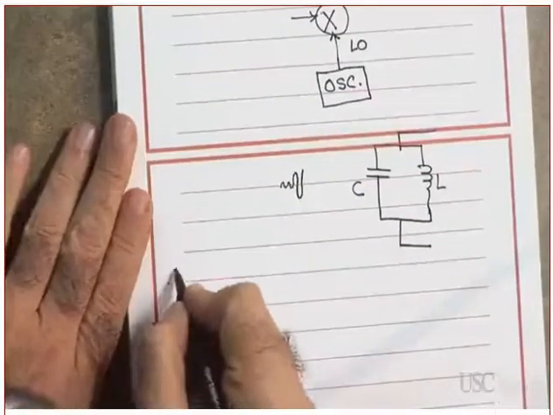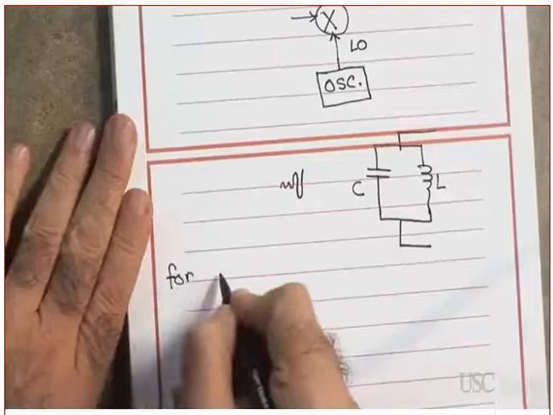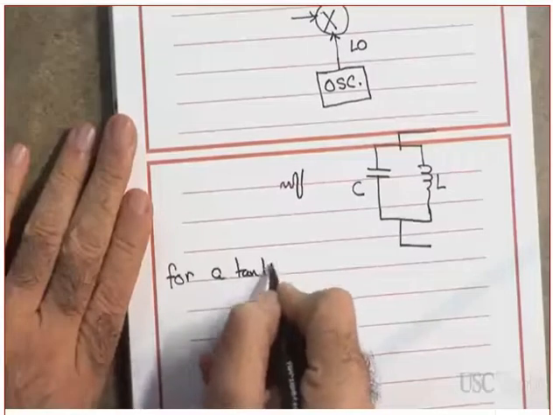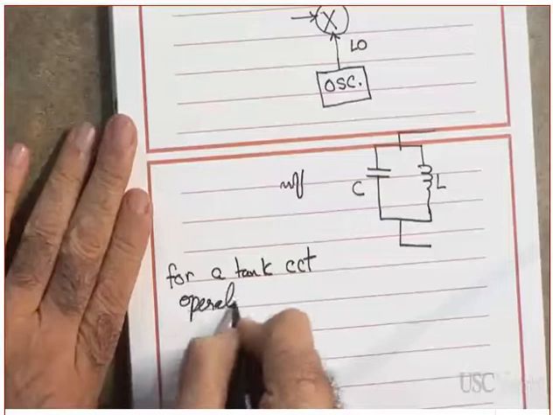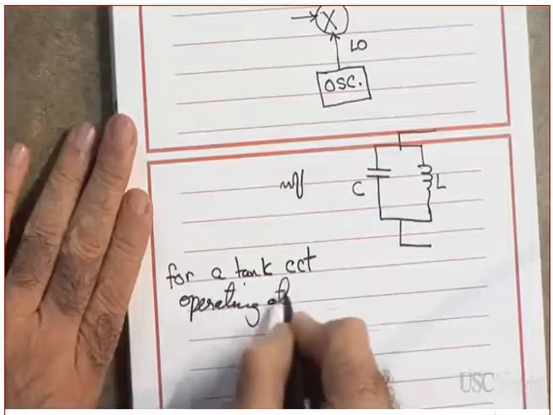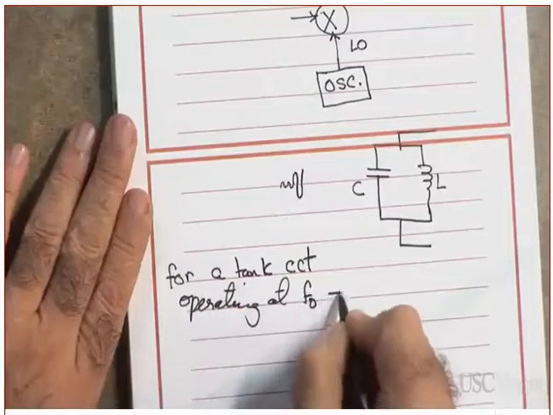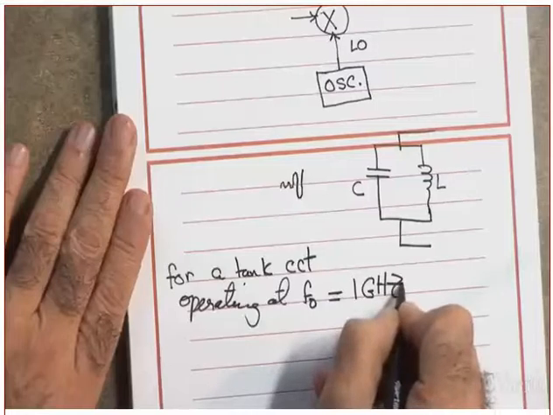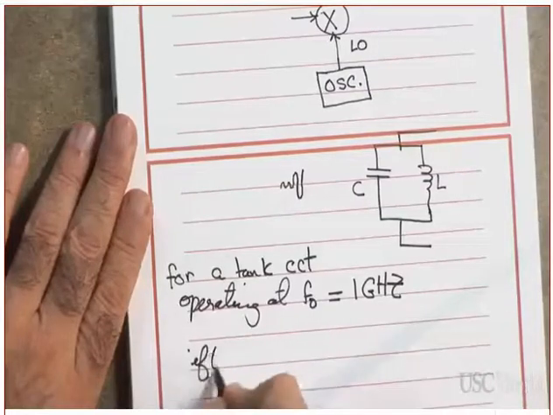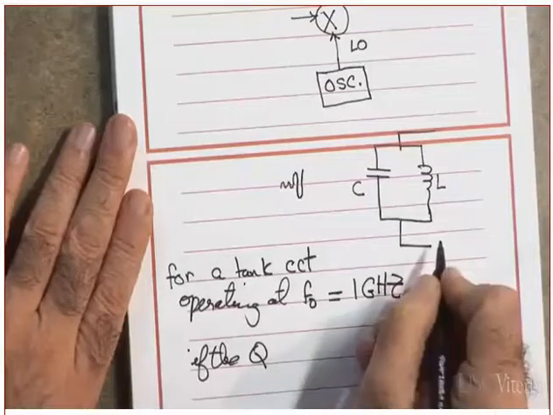Listen to this. For a tank circuit operating at, let's say, F naught, let's assume, just for sake of argument, 1 gigahertz. What is the Q, the quality factor of this tank circuit?